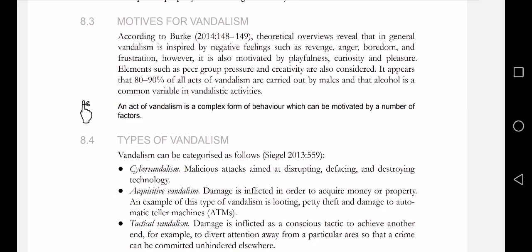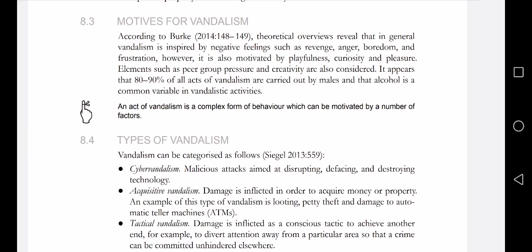Motives for vandalism. According to Buick, 2014, pages 148 and 149, theoretical overviews reveal that in general vandalism is inspired by negative feelings such as revenge, anger, boredom, and frustration. However, it is also motivated by playfulness, curiosity, and pleasure. Elements such as peer group pressure and creativity are also considered.